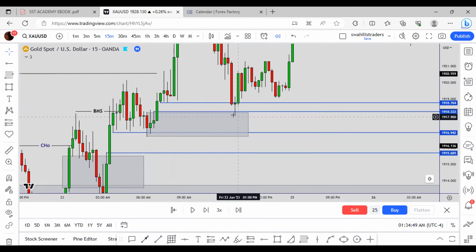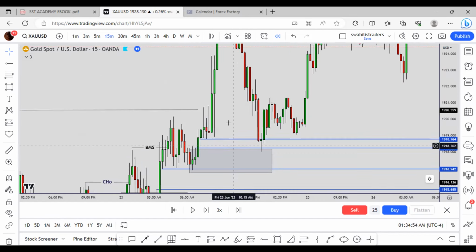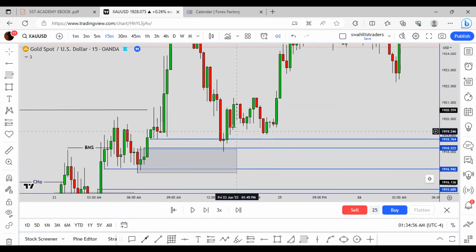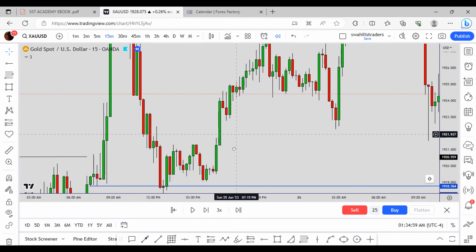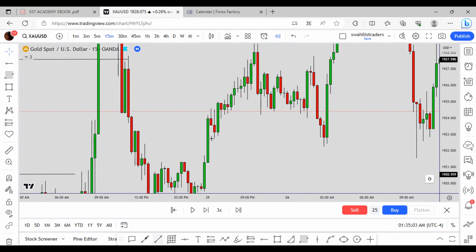Some traders may lose money here because they trade on fair value gaps. So it is safe to follow your strategy. But you can also see sometimes, like what happened here, the market again respected a fair value gap.